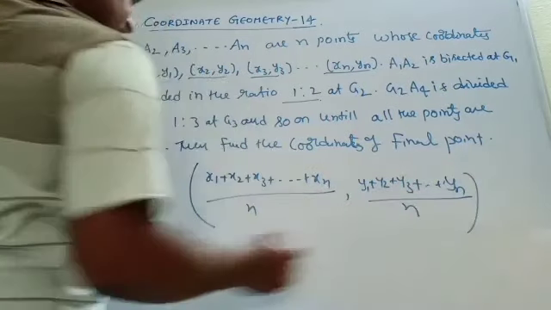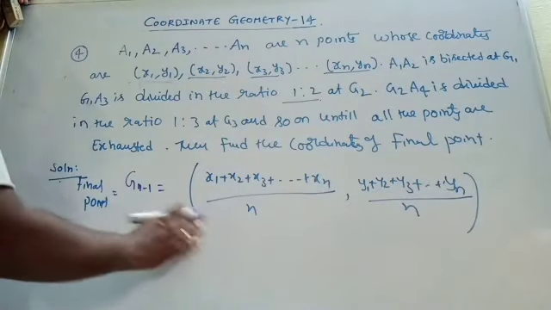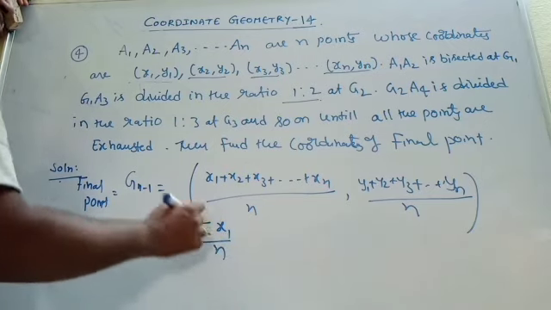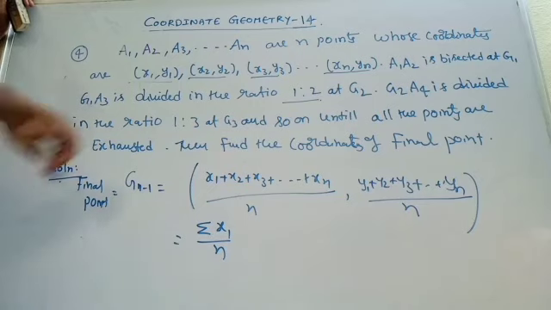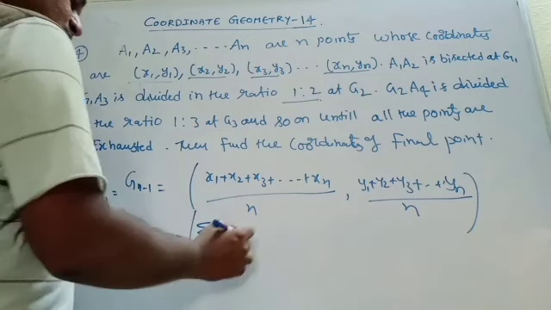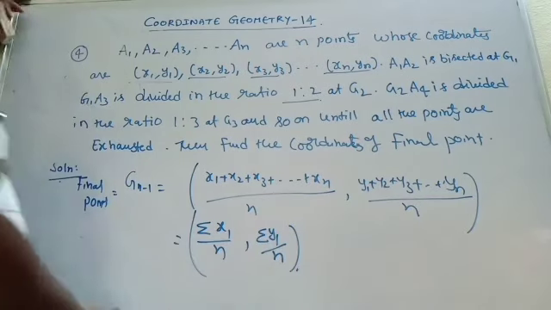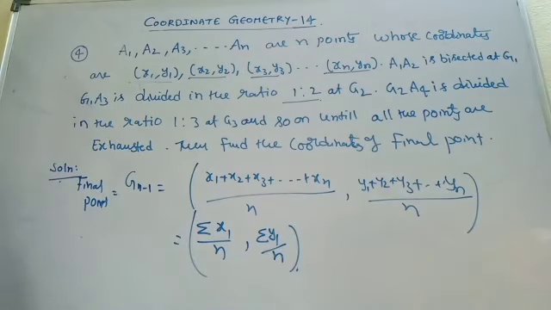Even this you can write as sigma xi by n, comma sigma yi by n, where sigma of any one term means the sum of all the terms. Like this you will get the final point, dear students. Even though it is lengthy, the application and the procedure become very simple, and we can understand very easily.